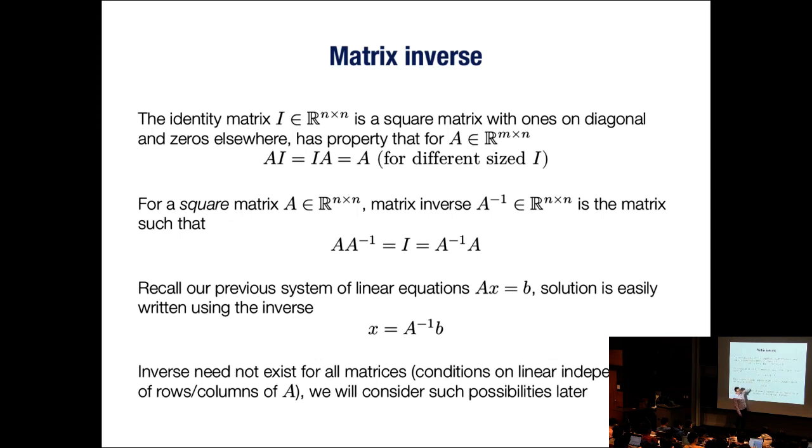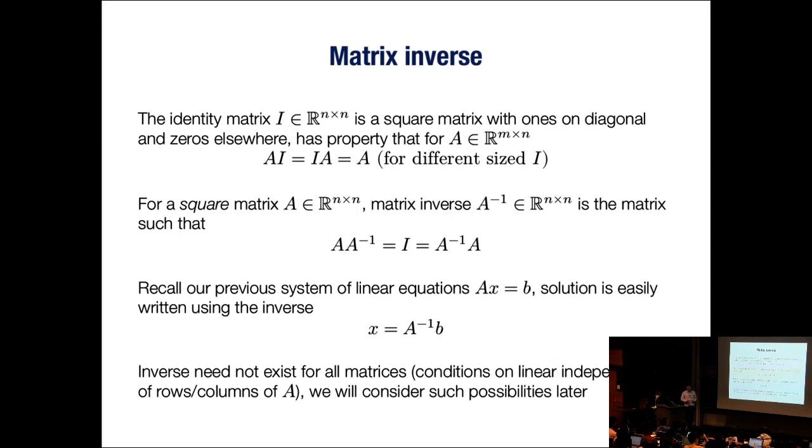The one on the left has to be an m by m identity. That's easy to show from the definition of matrix multiplication. If you write out what happens when you multiply by a matrix with all ones on the diagonal and zeros everywhere else, you just get your original matrix back. That is the identity matrix.